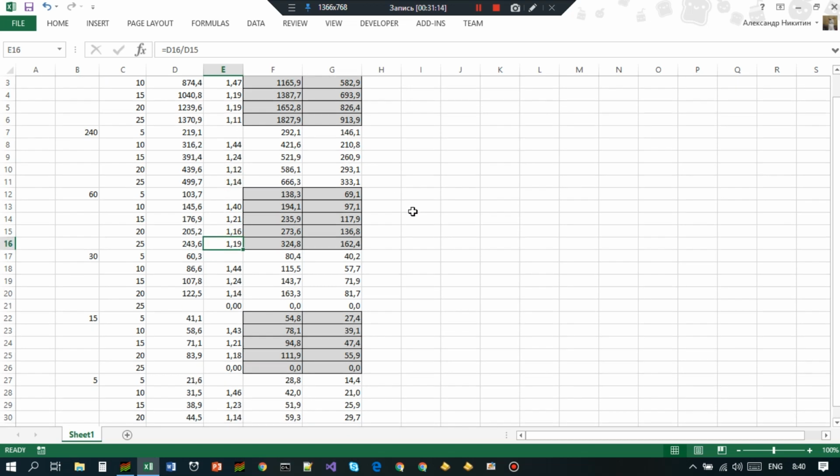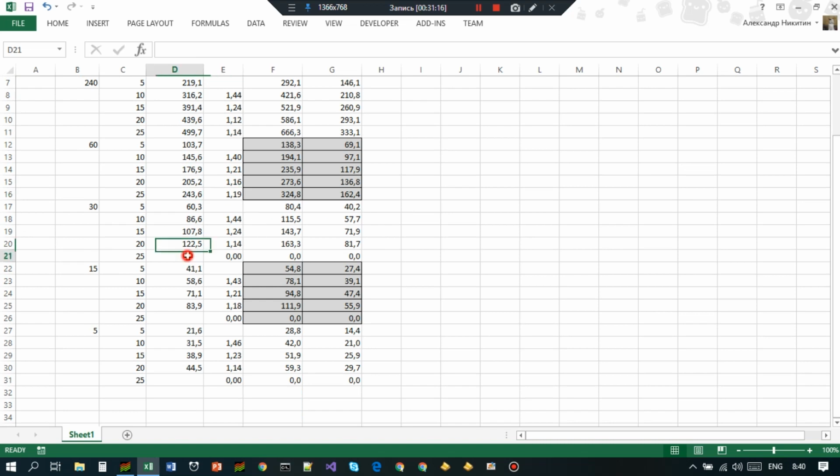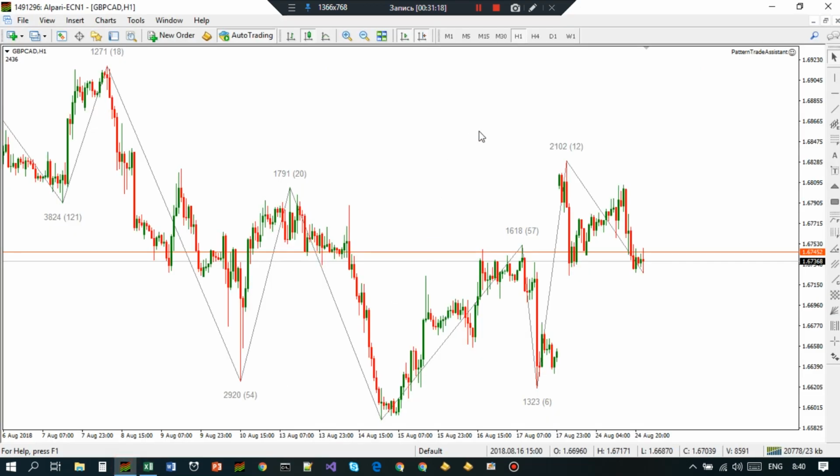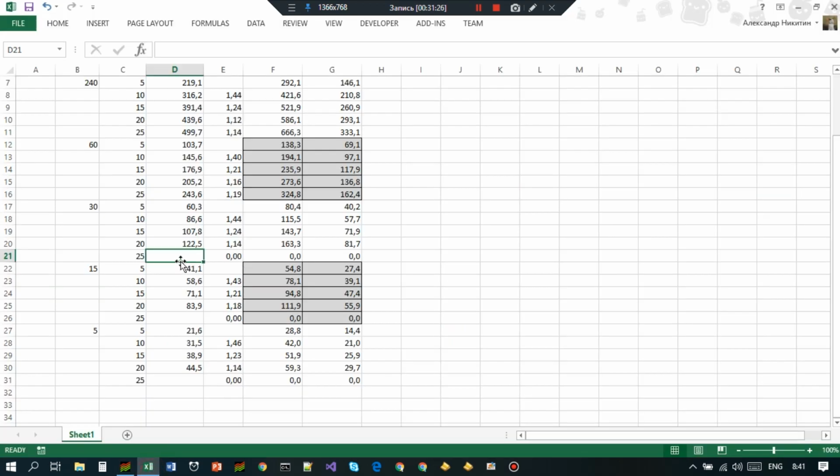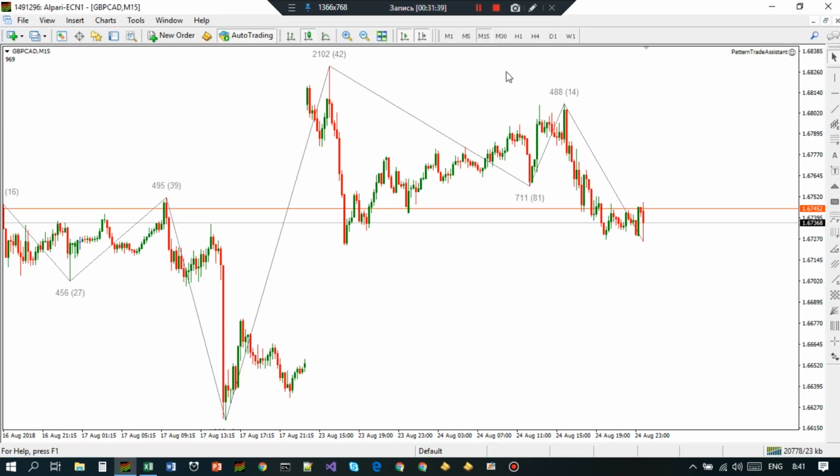Okay, I suppose that it should become smaller, but sometimes it becomes larger. Okay, so my hypothesis may turn out to be false. Okay, 134.9, 1.10. Then we should go to 15 minute.